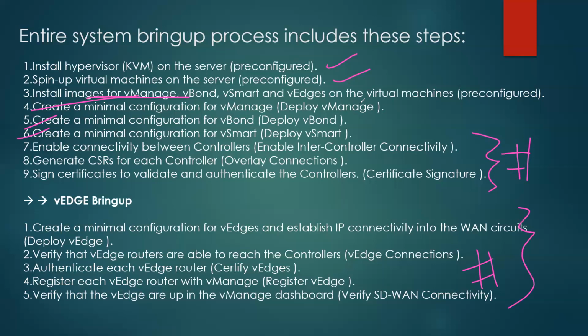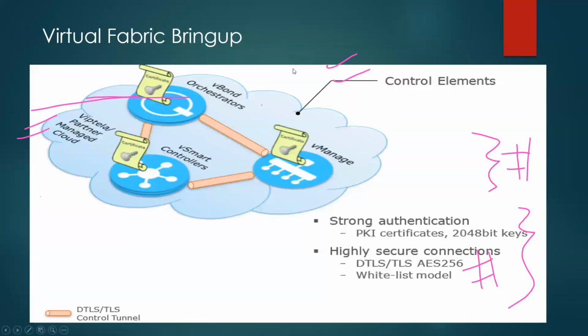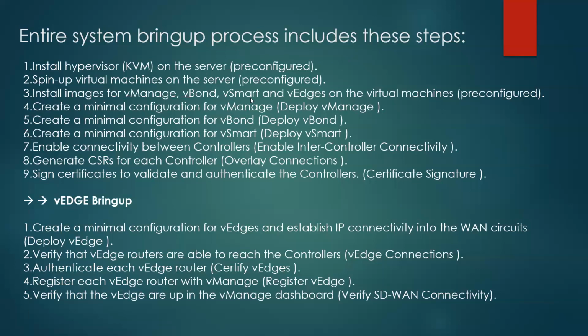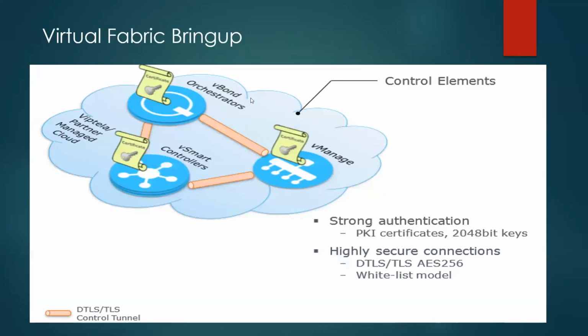Now what is happening behind the scenes? Once you are bringing up the controllers and the edge devices, let's check the theoretical part. Here you can see you have the vBond, that's the orchestrator, the vManage, and the vSmart.